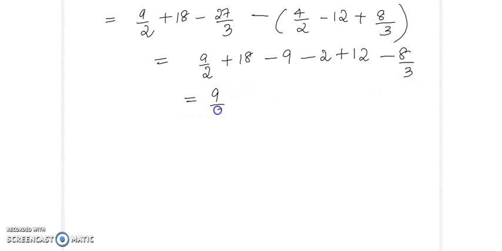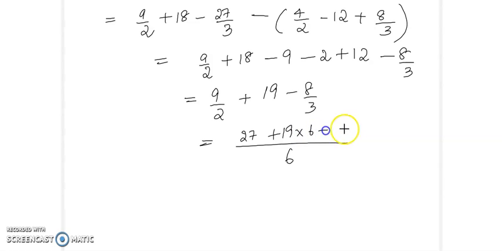So that will be 9 by 2 plus 19 minus 8 by 3. So you will get 27 plus 19 into 6 minus 16 over 6. So the value will be 125 by 6. So that is the required area.